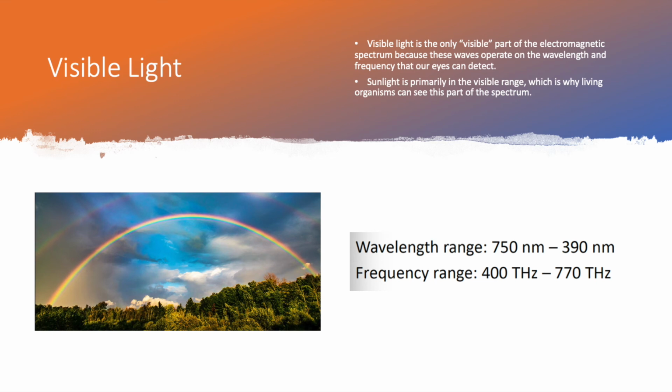Because these waves operate on the wavelength and frequency that our eyes can detect, we can see it. Sunlight is primarily the source of the visible range, which is why living organisms can see this part of the spectrum. And the source is electron transitions between atomic energy levels, and that's what produces the light.